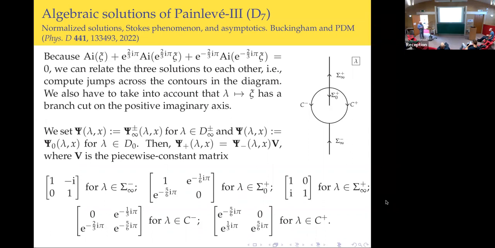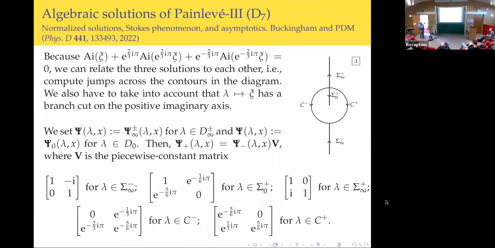But anyway, so now you define a single function psi of lambda x exactly to be these exterior solutions in the two exterior Stokes sectors and the interior solution in the interior Stokes sector. And then what you can say is that the boundary value along this curve, you see I put arrows here everywhere, and there's a boundary value from the left of psi, which we call psi plus, and a boundary value from the right that we call psi minus.